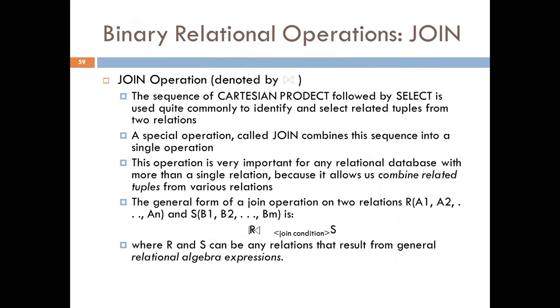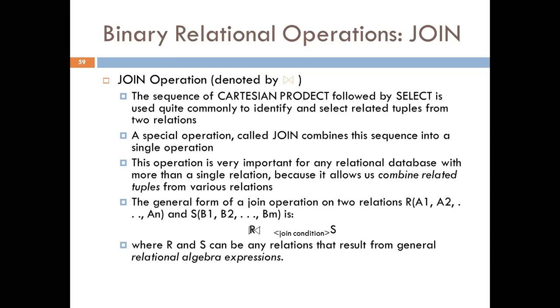Then we have the binary relational operation called join. As the term indicates, joining means we are combining two tables. A Cartesian product operation followed by a select operation, those two put together, we call a join operation.